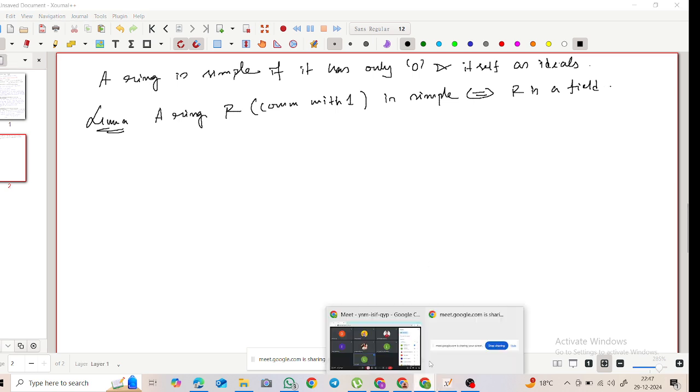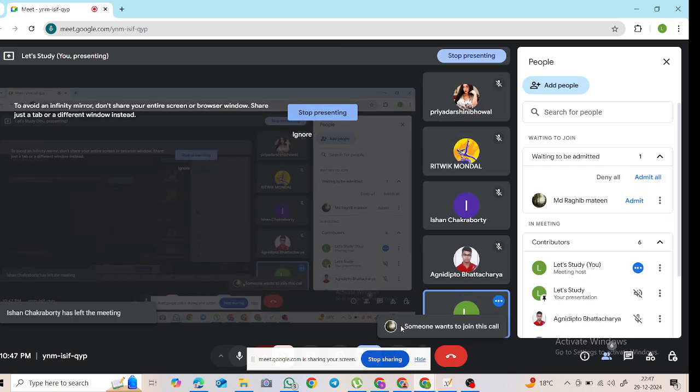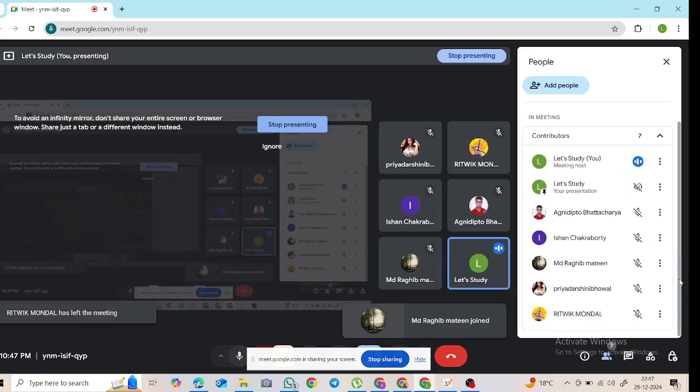Have you gone through the basics of ring theory? Like, if P is prime, then R mod P is an integral domain.